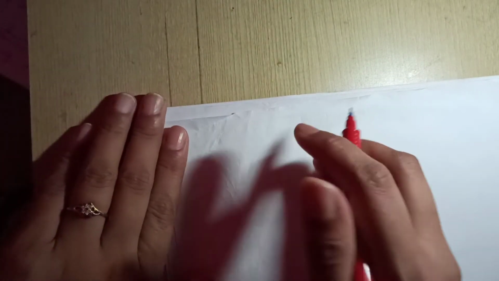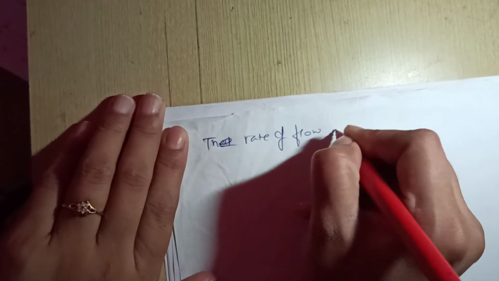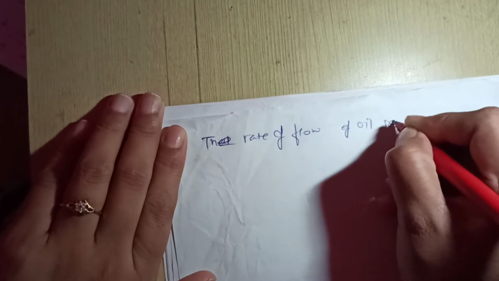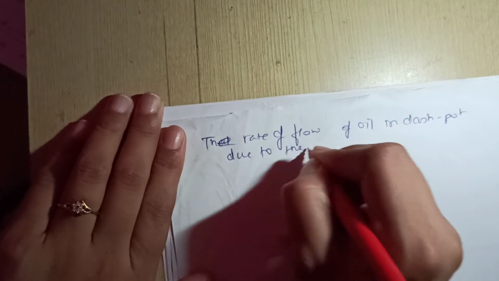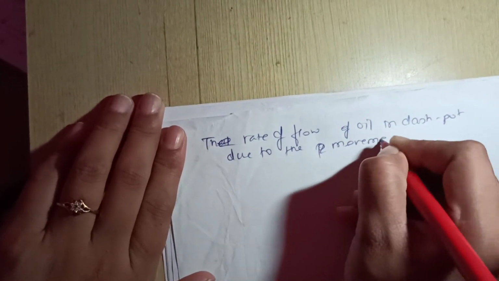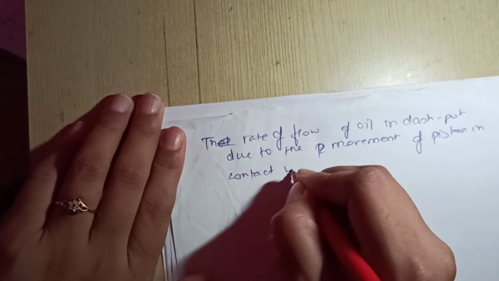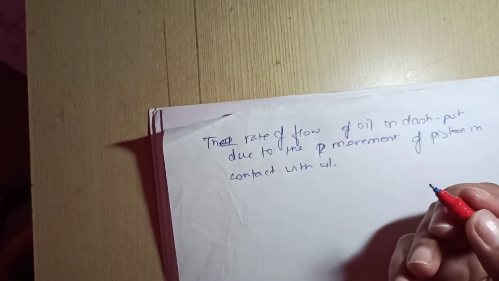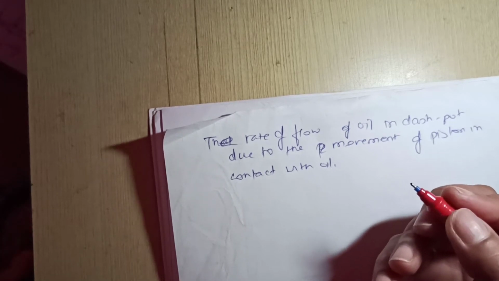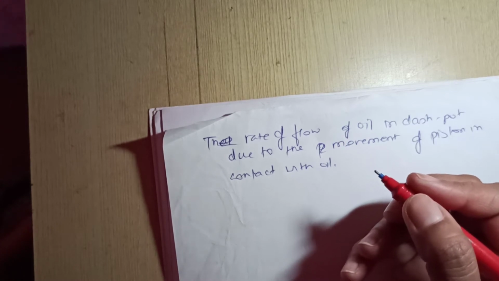So we can say that the rate of flow of oil in the dashpot is due to the movement of the piston in contact with oil, because whatever velocity or momentum the piston has will be transferred to the oil. Therefore the discharge will be a function of the movement of the piston.